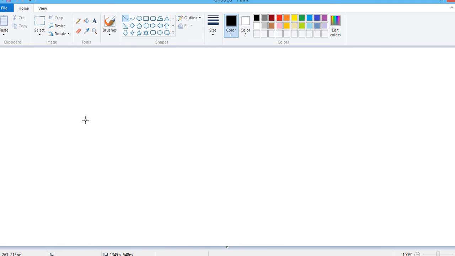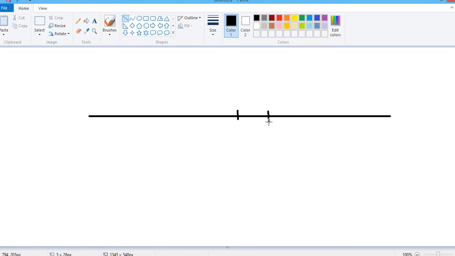Now I'm again drawing a line and representing different numbers on that line.